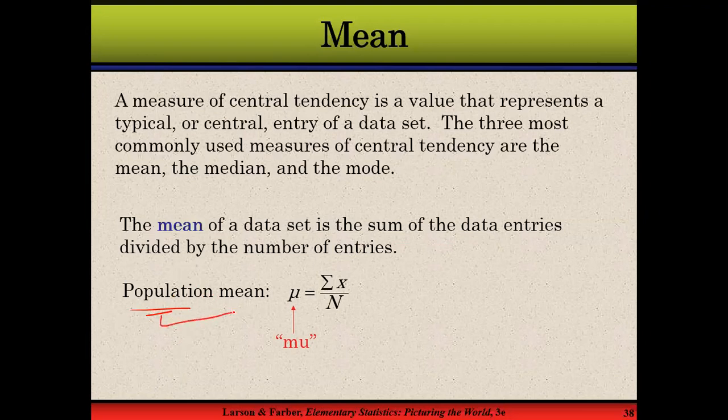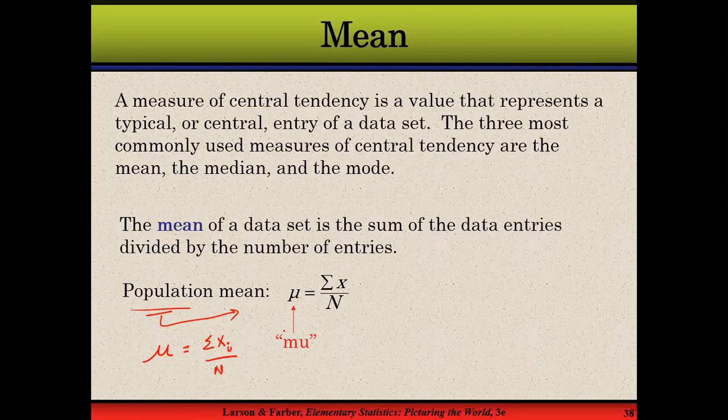So here, the population parameter of an average is called mu, which is equal to the summation, the total sum of x, where x are the individual values in the data set, divided by the total number of values, denoted by N.